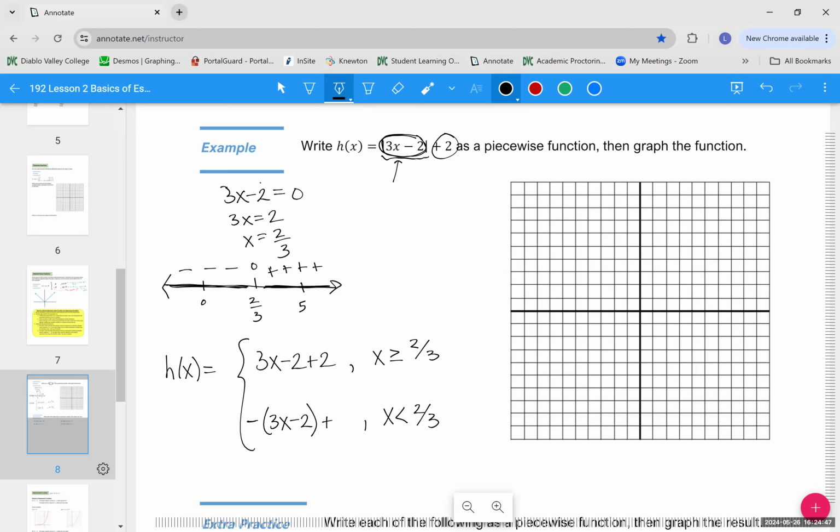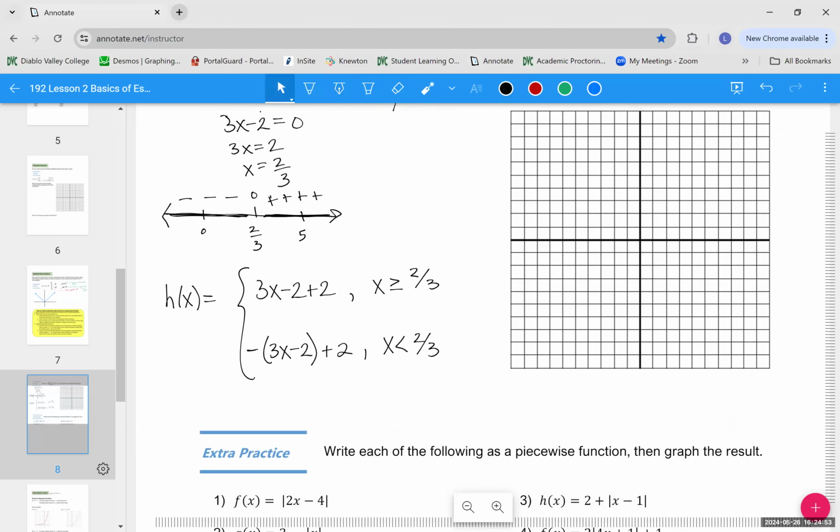And then again, I'll tack on the +2, which was outside, so it doesn't change. And now I have my equation written in a piecewise form. Of course, I could have simplified, so this could have been just a plain old 3x. Let's see, this would have been negative 3x plus 4. And then, of course, we could graph that.